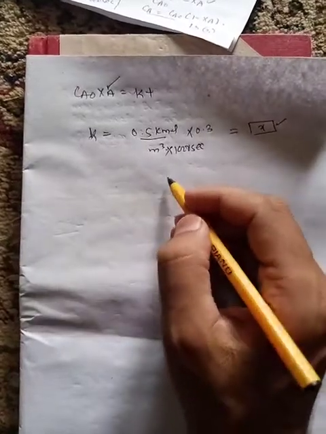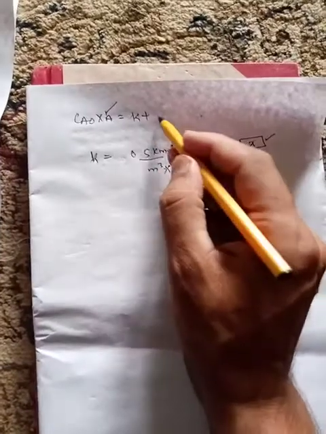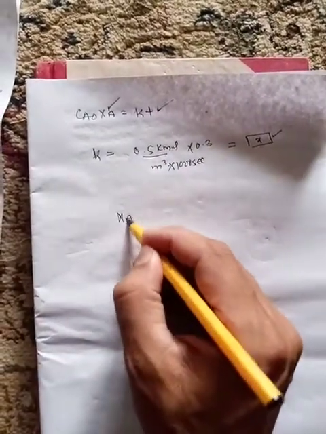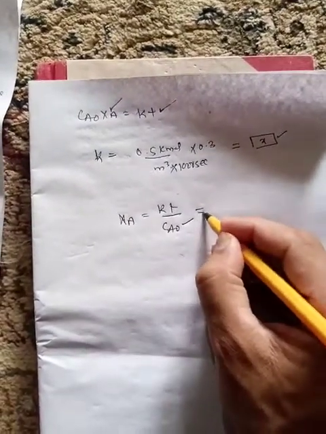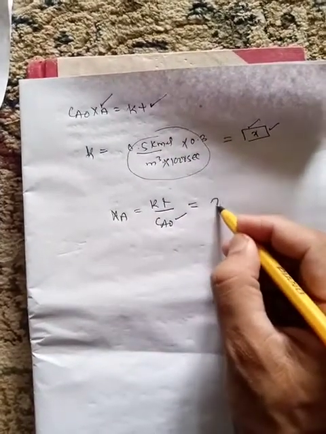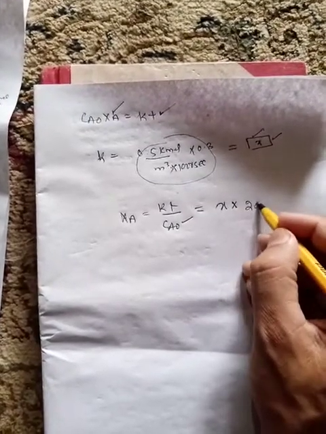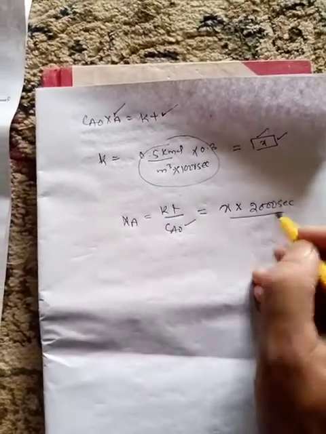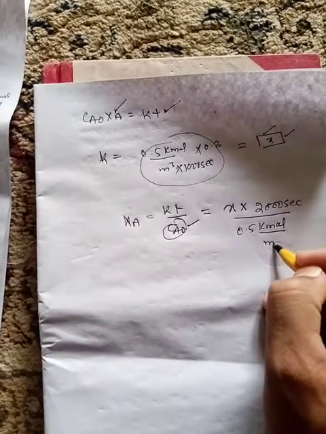Now the second part is the conversion after 2000 seconds. It can be obtained from this relation: conversion is equal to Kt divided by Ca0. The Ca0 value is given to us, and the K value is also known, which is X from the previous relation. So X times 2000 seconds, divided by the Ca0 value, 0.5 kilomole per cubic meter.